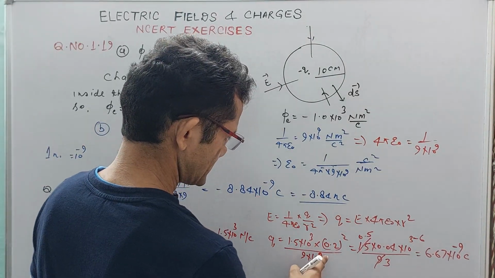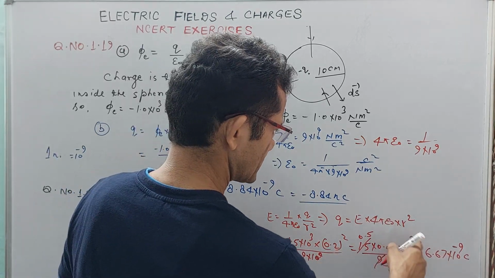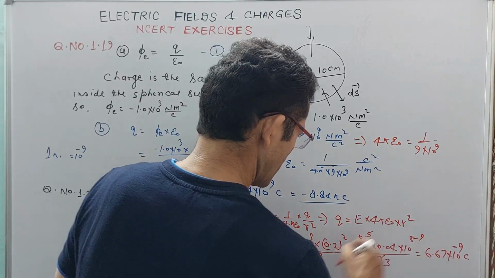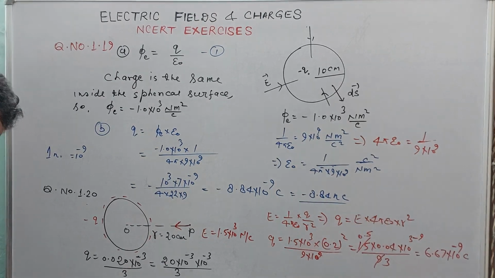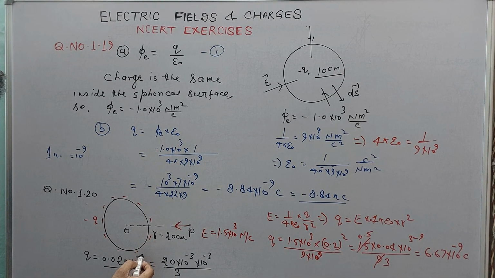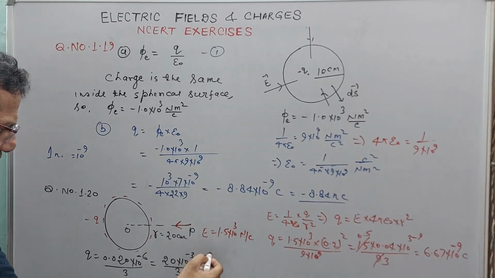Here this is 9, it should be 9. 3 minus 9 is equal to minus 6.